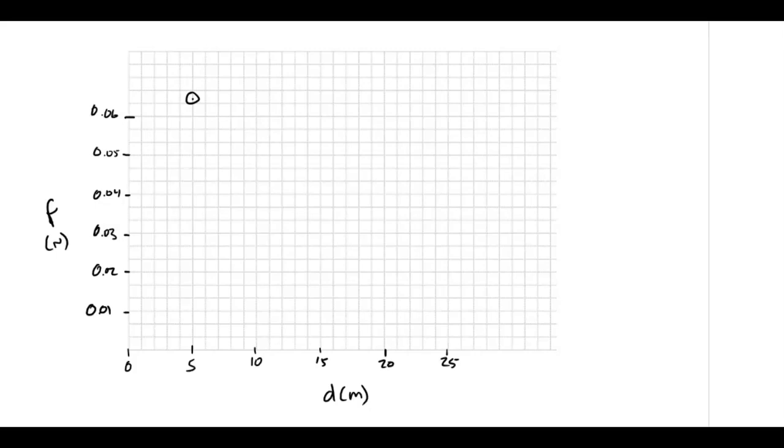At 10, it was sitting at 0.16, and so already you can see it's kind of a sharp drop, somewhere about there. 15 is 0.007, so somewhere about here. 20 is 0.04, somewhere about here. And 25 is at 0.3, somewhere about here.